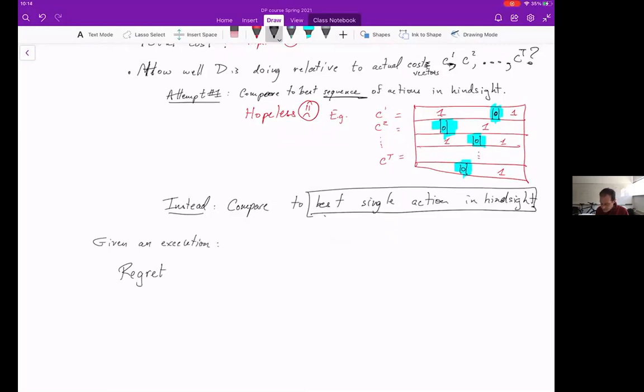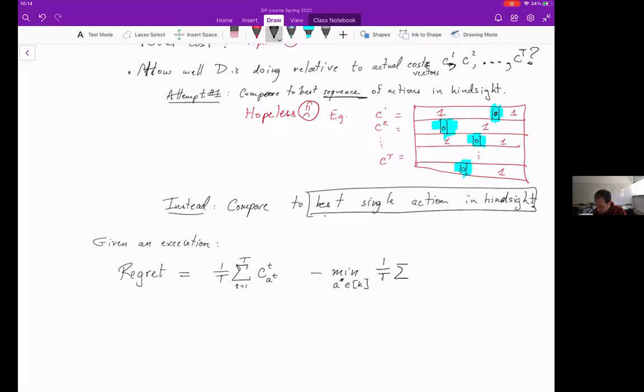The regret of a sequence of actions is, we're going to look at actually the average cost. So this is what's called average regret over time that is actually paid by the algorithm, minus the cost of the best action in retrospect.